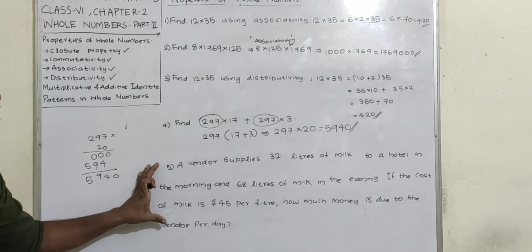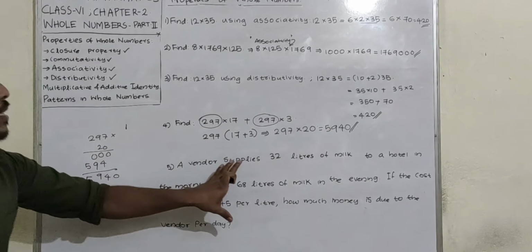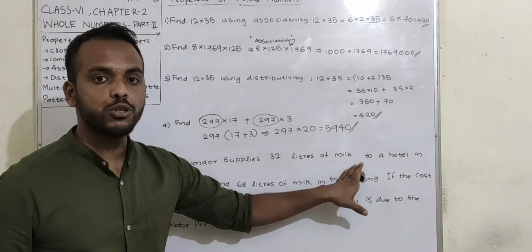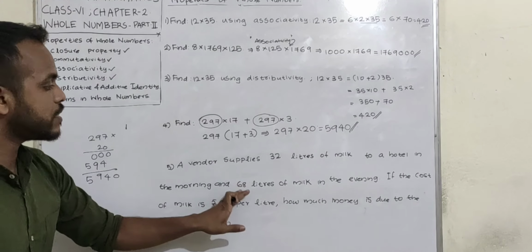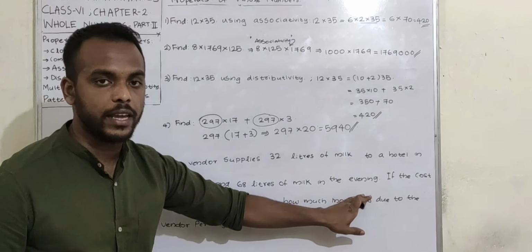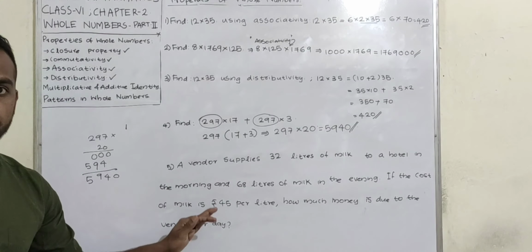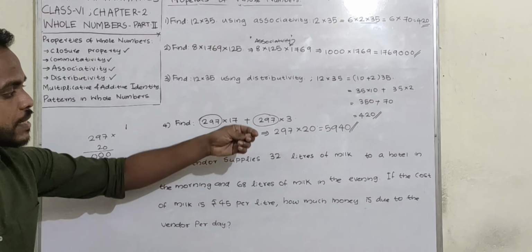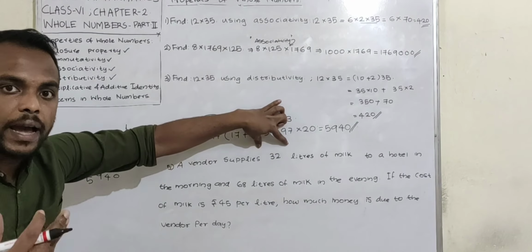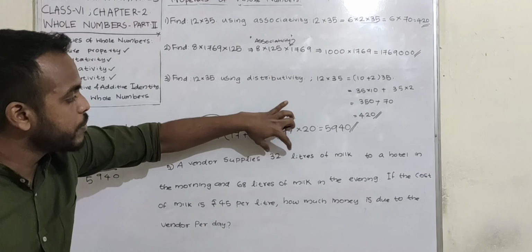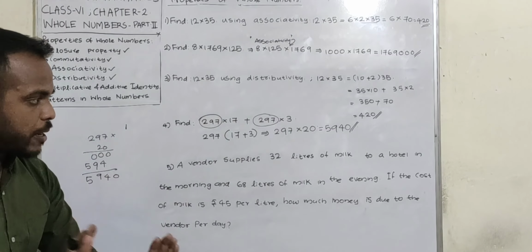Now moving on to the last question of this section. A vendor supplies 32 liters of milk to a hotel in the morning and 68 liters of milk in the evening. So what is the total amount of milk that the vendor gives to the hotel? This can be easily found. We just need to add the two amounts of milk, 32 and 68.